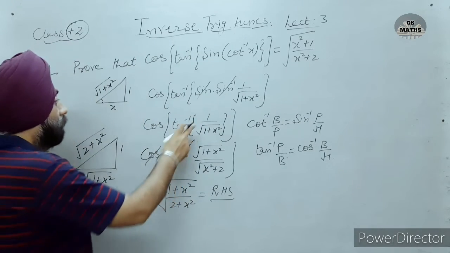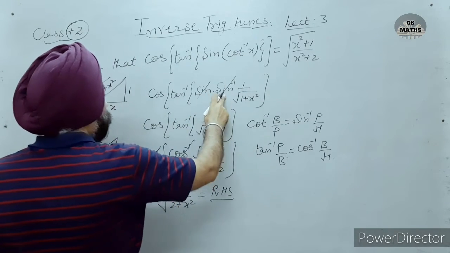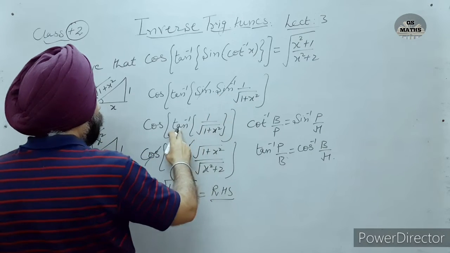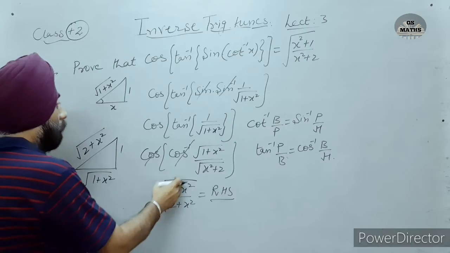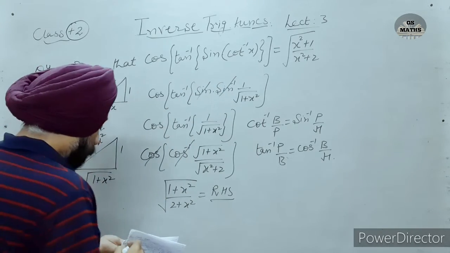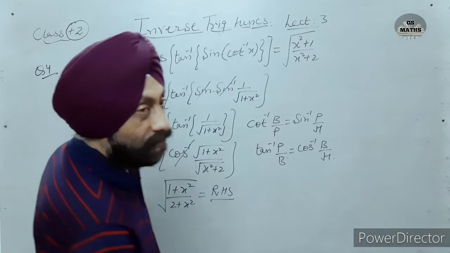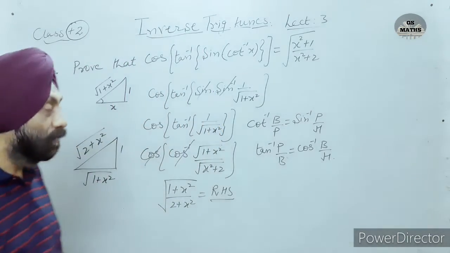I changed cot inverse x into sine inverse. I changed tan inverse of x into cos inverse. Then cancel out, I get the required answer, under root x square plus 1 upon x square plus 2.